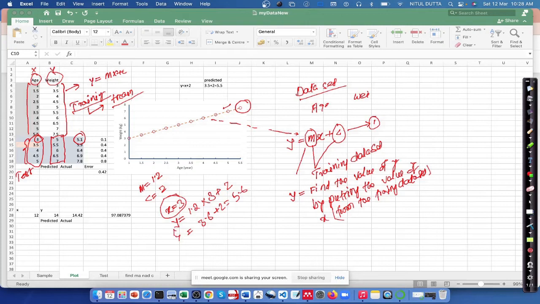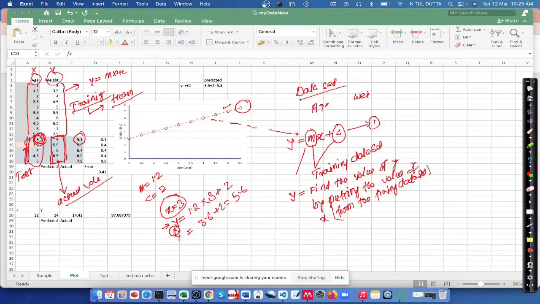Y hat. So for this testing data set, we have the value of x. We put the value of x in the equation. This equation is derived from the training data set. Then whatever value we find out becomes the predicted value, and what is given in the data set is called the actual value, right?